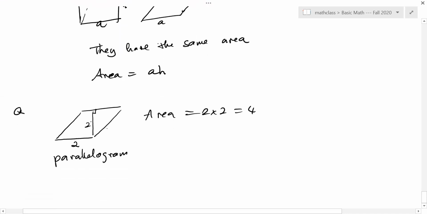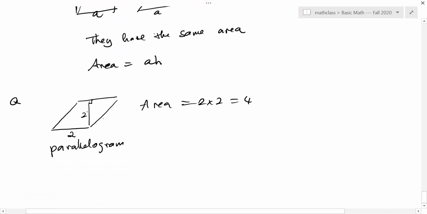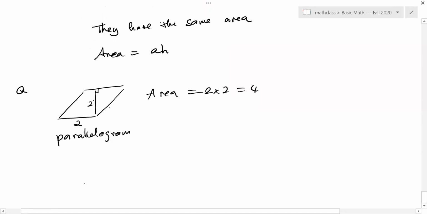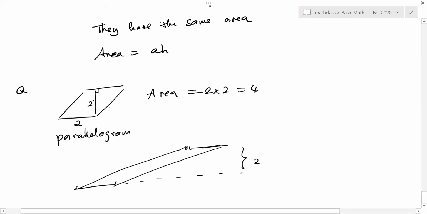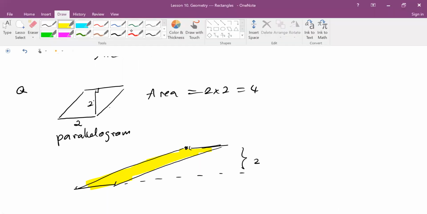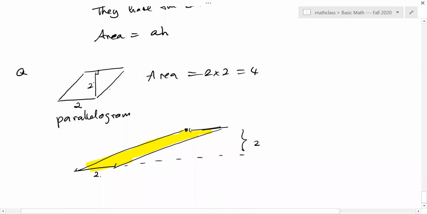It's really independent of how big the parallelogram is. Think about that. This is a parallelogram, and the height here is 2. I'm joining this parallelogram, which has the same area as the one above. This side is 2, and the height is 2.